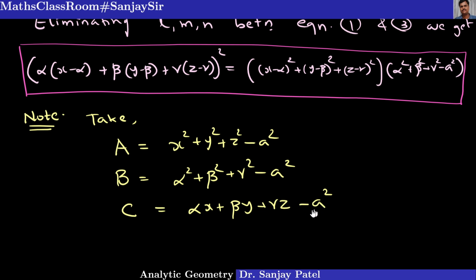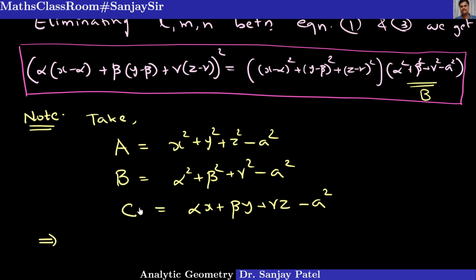So consider these three expressions. You can immediately say, okay, in this equation of this cone, enveloping cone, this is B. And this is C, let me write one more thing.